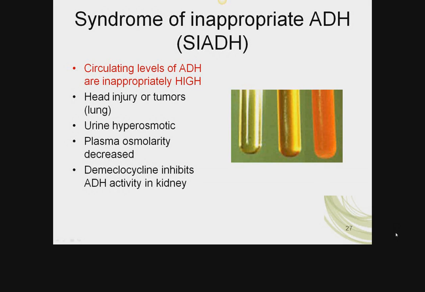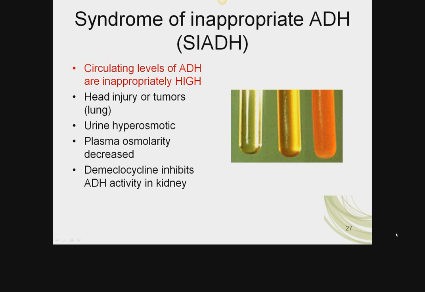So if you have unregulated extreme release of ADH, you're going to always produce a urine that is highly concentrated, very scant. And your blood plasma is going to be very, very dilute because you're reabsorbing more water than probably the body needs. So your plasma osmolarity will be low.